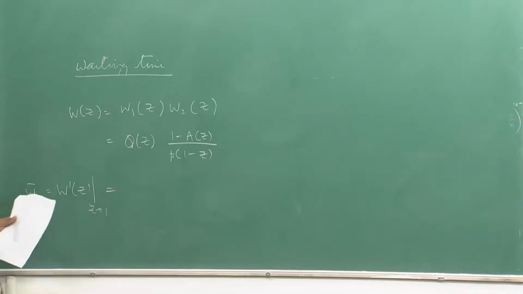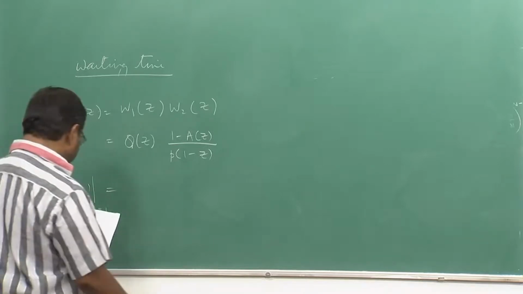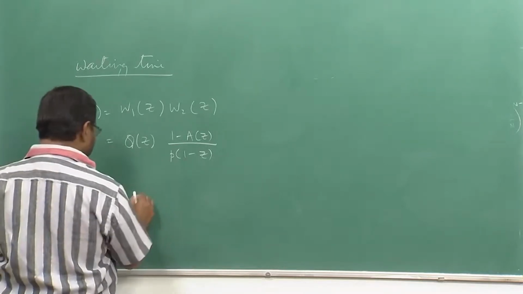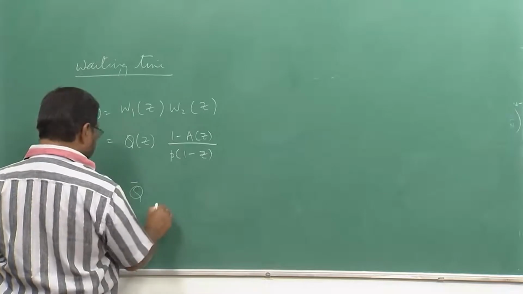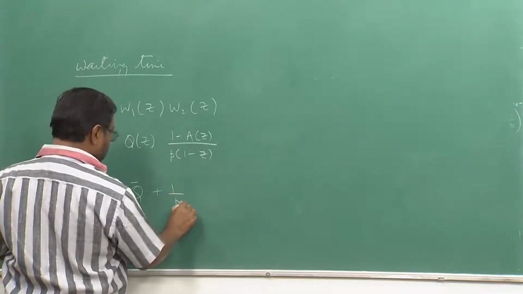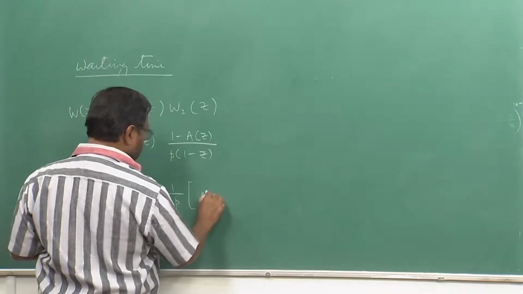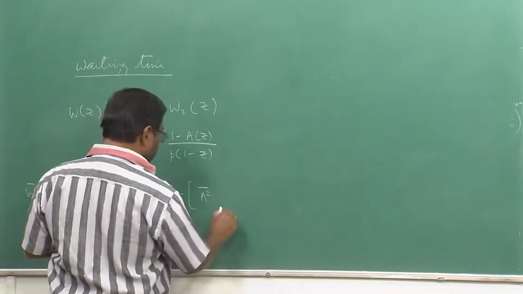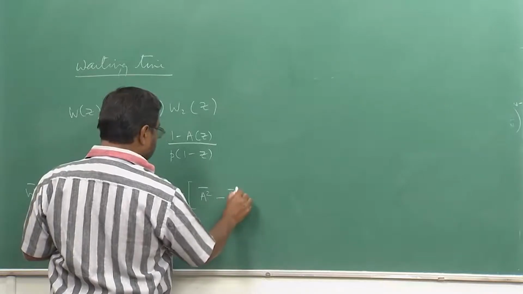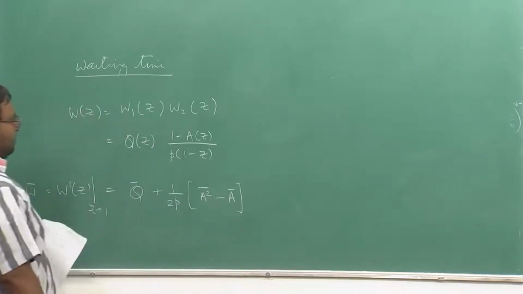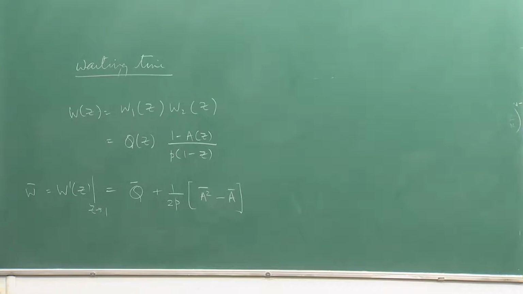This we had discussed in the earlier video. So this will turn out to be nothing but Q bar plus 1 over 2 p A square minus A bar. Okay. This is the second movement around mean, so that is a double derivative divided by 2 factorial.